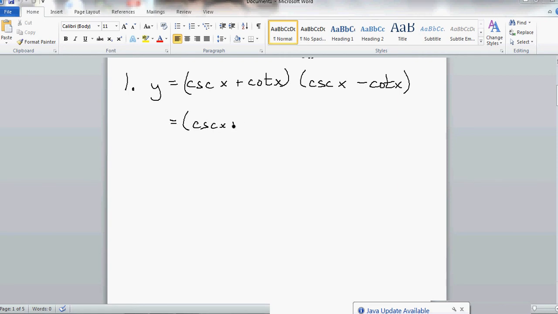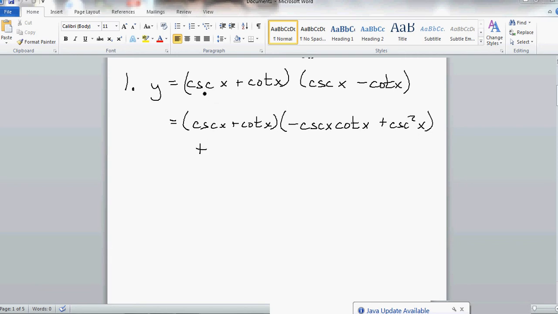Cosecant of x plus cotangent of x times the derivative of this. Well, the derivative of cosecant is negative cosecant x cotangent x, and the derivative of cotangent x is a negative cosecant squared, so that will become plus cosecant squared of x.